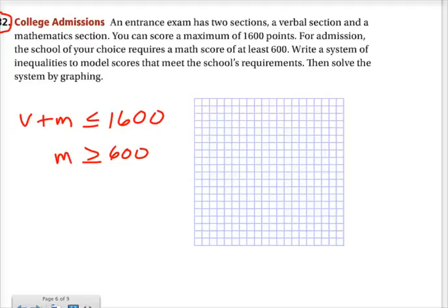So again, before I start thinking about what to use for intervals for my graph, I'm thinking ahead to finding those zeros. And then on the bottom one, that's just going to be M, math score is 600. So I need to go up to 1,600 with these.